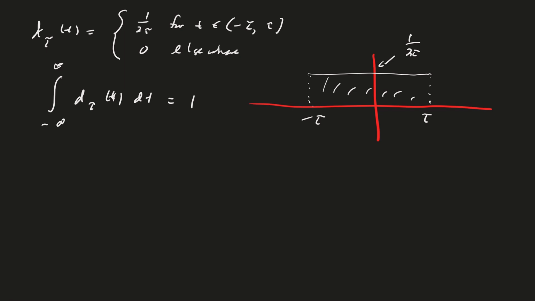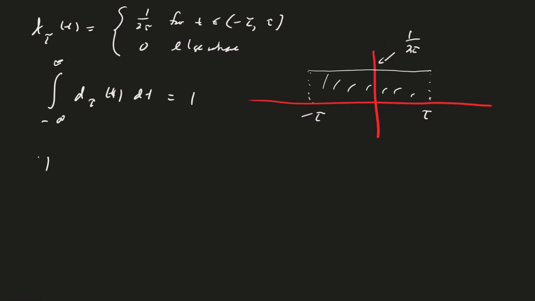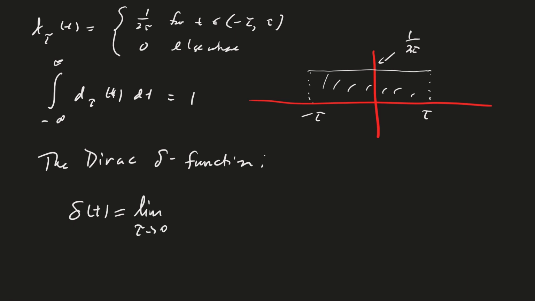Right? Okay, so now we're ready to define our new function, the Dirac delta function. The Dirac delta function is going to be the limit as tau goes to 0 of d sub tau of t.